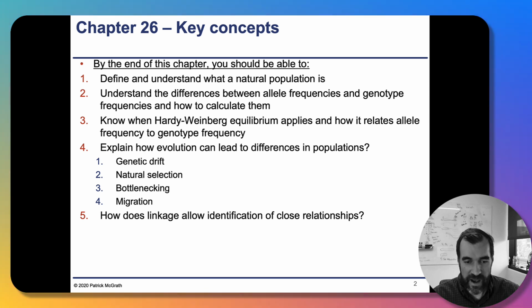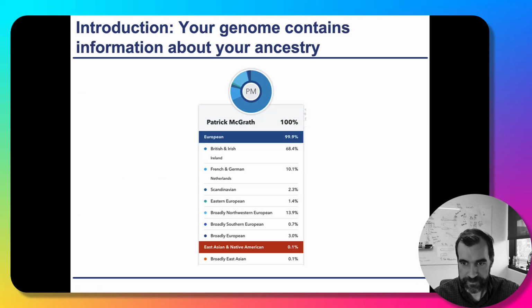And then finally, how linkage allows us to identify close relationships. Typically, genetic variants, polymorphisms, are unconnected to each other in natural populations unless you're closely related to an individual. That gets back to your chapter 5 knowledge of recombination and how that will link nearby genetic variants on the same chromosome, and how we use that to identify close relationships.